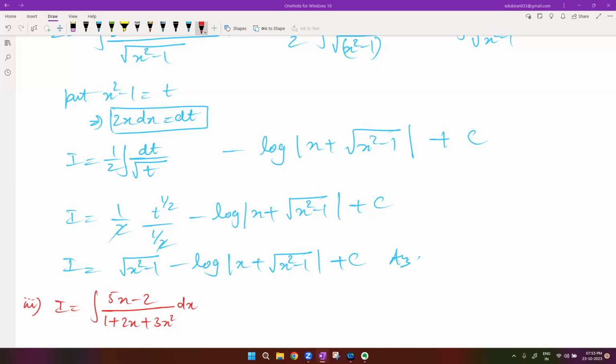Convert your linear expression into the form of a times the derivative of the quadratic plus b. Find out the value of a and b and use accordingly. And if somebody is facing any problem, please feel free to ask me. I'm here.